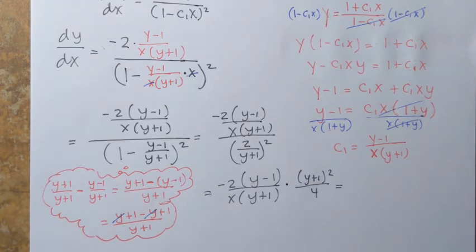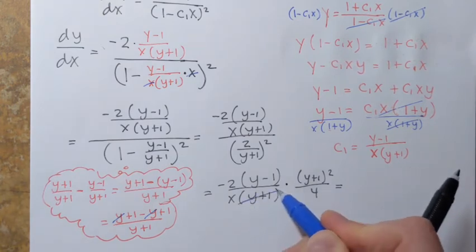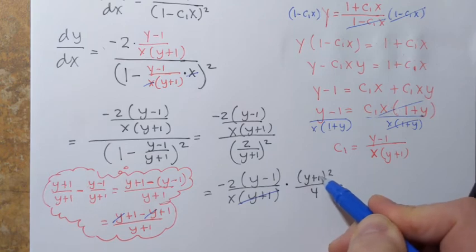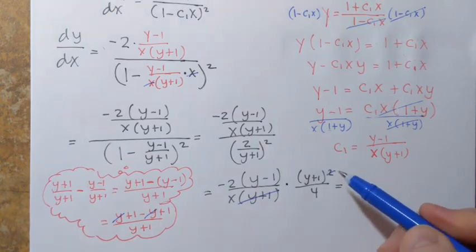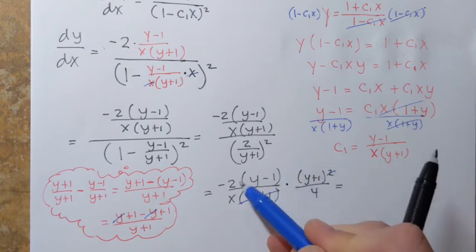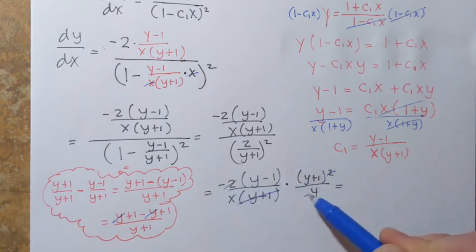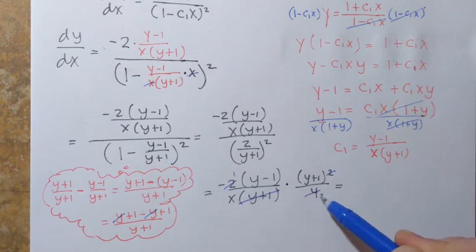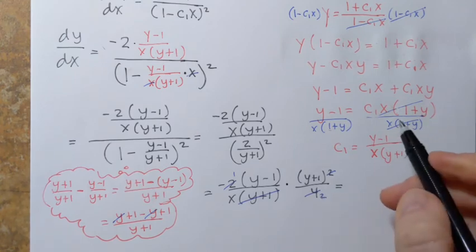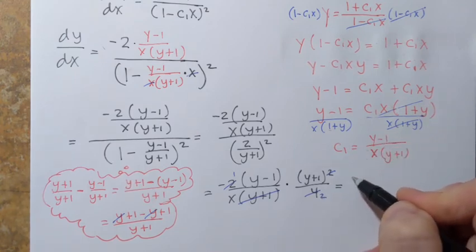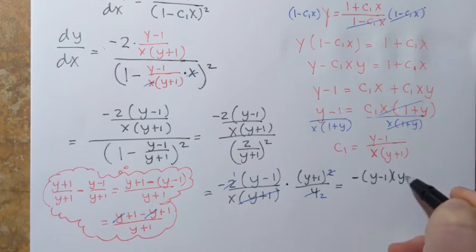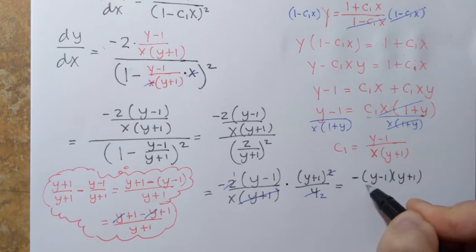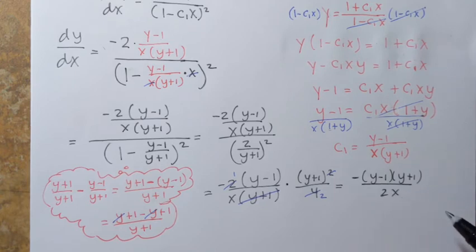One of those y plus 1 expressions will cancel. What else? 2 and 4, I can divide out 2, so that's 1 and that's 2. That means we're left with negative (y minus 1) times (y plus 1) over 2x.